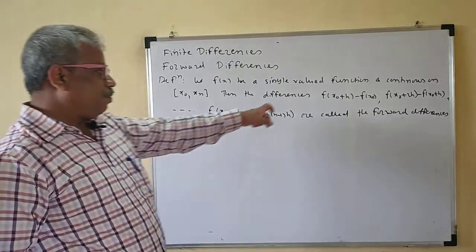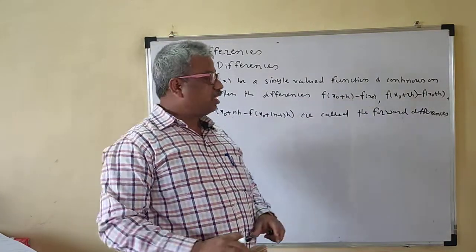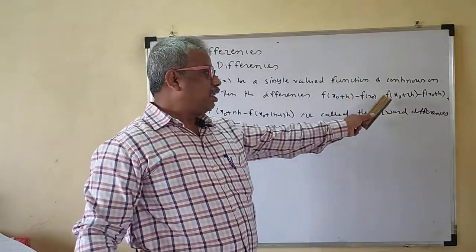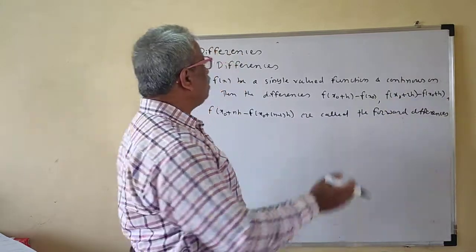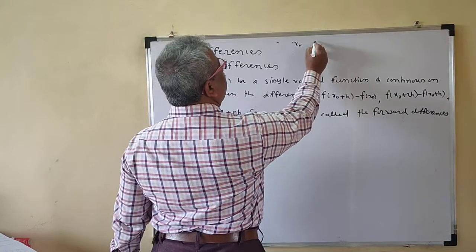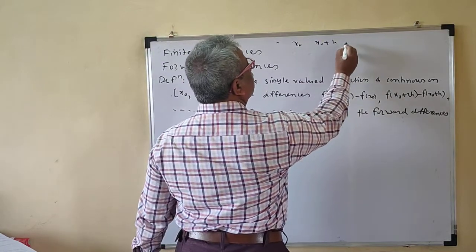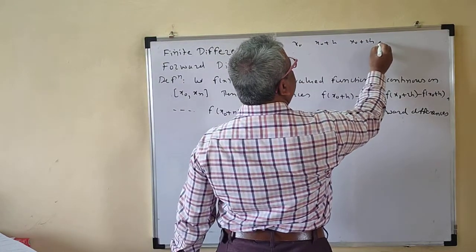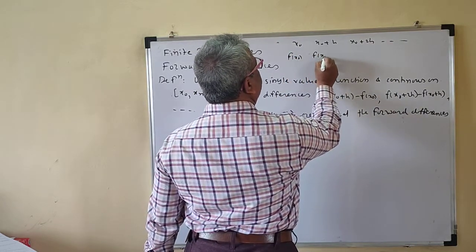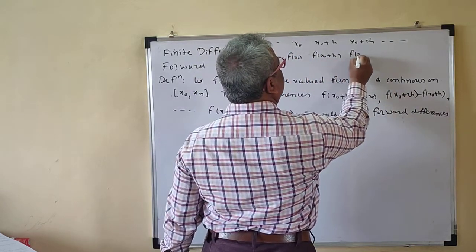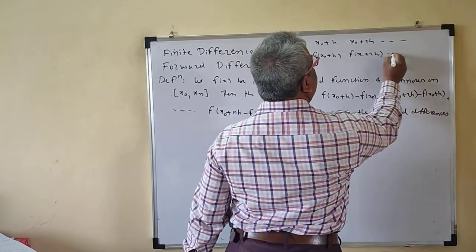See what? f of x naught plus h minus f of x naught. Then f of x naught plus twice h. We have done the previous one. So this is your function, and these are your points: x naught plus h, x naught plus twice h, and so on. And these are your function values: f of x naught plus h, f of x naught plus twice h, and so on.